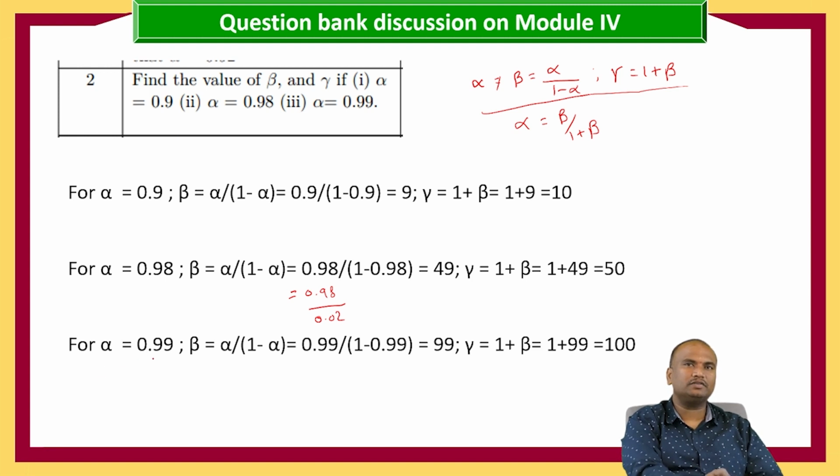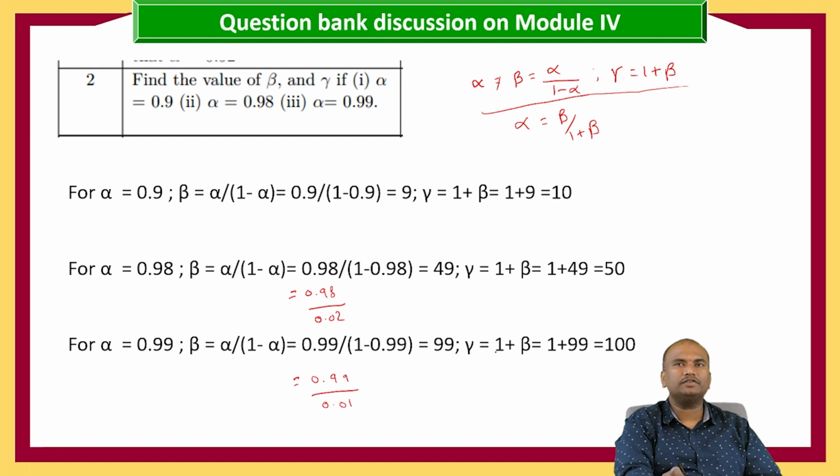For alpha equal to 0.99, beta is equal to alpha by 1 minus alpha, that is 0.99 divided by 0.01, which gives 99 as the beta value, and the gamma value is equal to 1 plus beta, which is 1 plus 99, which is 100.